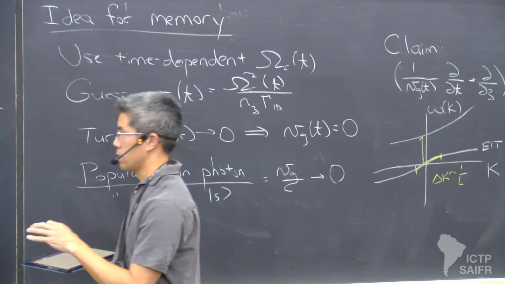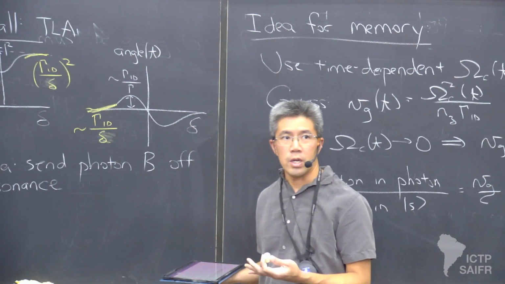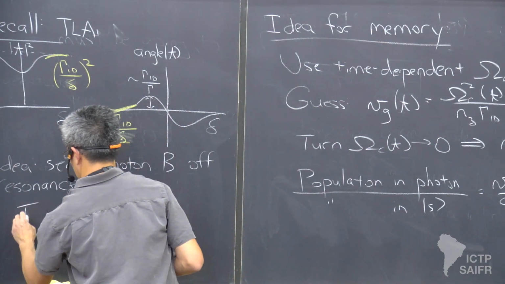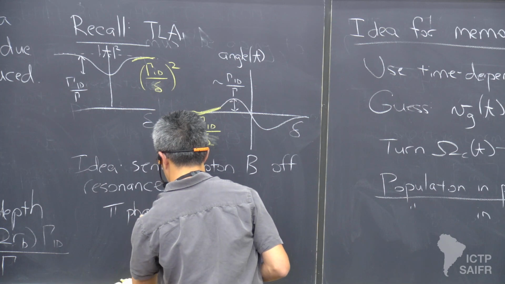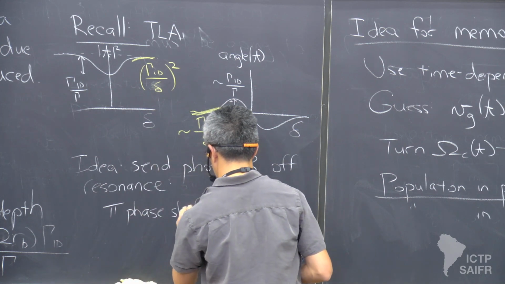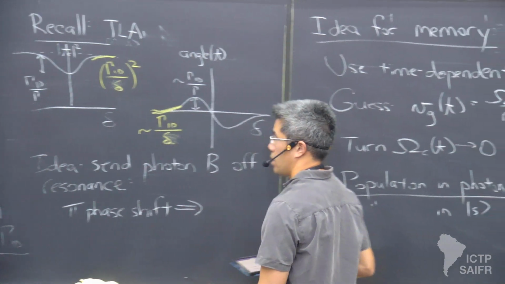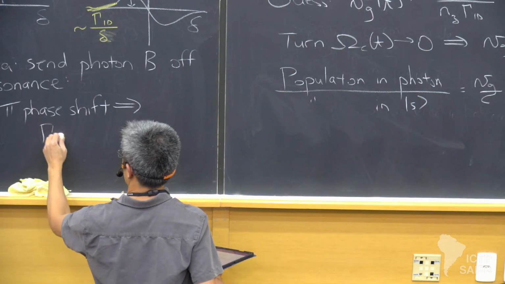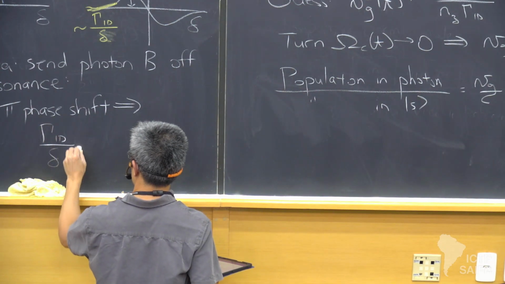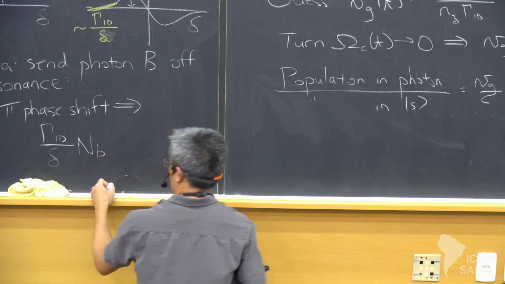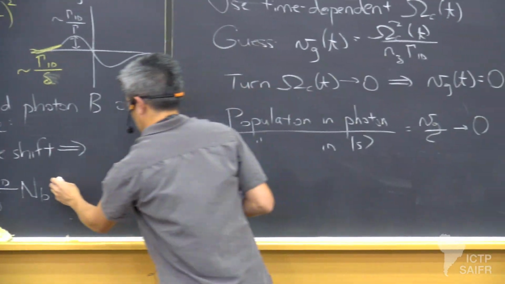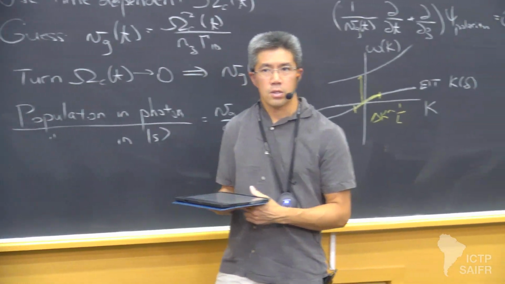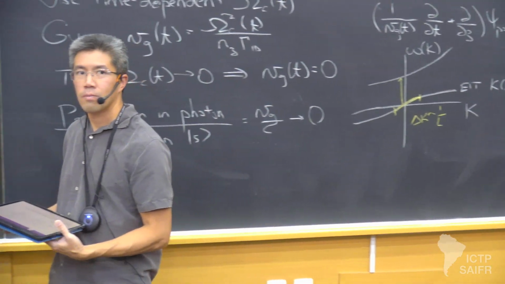Then you can see that the detuning I should choose becomes constrained. If I want to pick up a pi phase shift, what I need is that the phase shift per atom times the number of atoms in the blockade radius equals pi. That was the fine-tuning that I mentioned earlier.